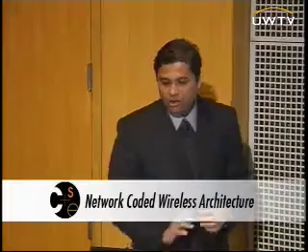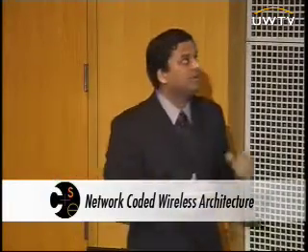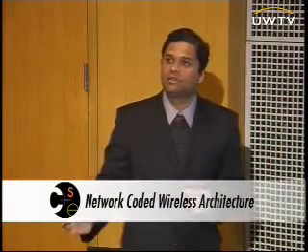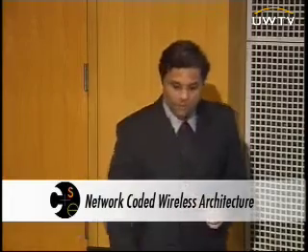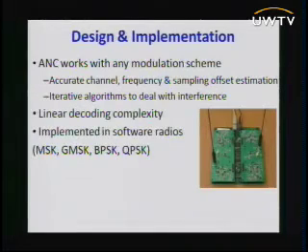So analog network coding works with any modulation scheme. And it includes components for accurate channel, frequency, and sampling offset estimation in the presence of interference. These are iterative algorithms which work despite interference. Second, the decoding complexity of this algorithm is linear. And it has been implemented in software radios for a number of modulation schemes.